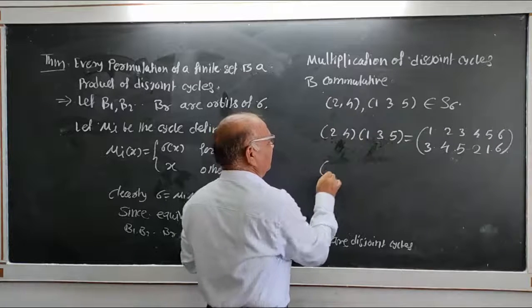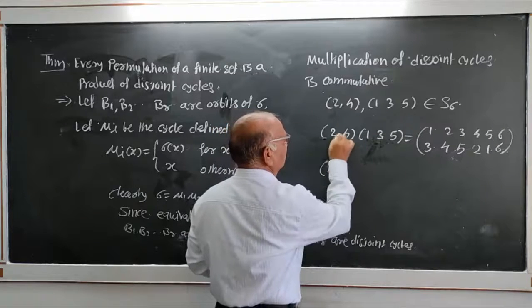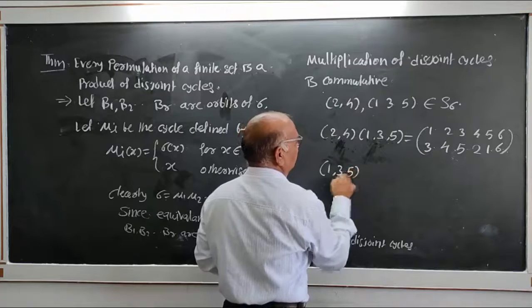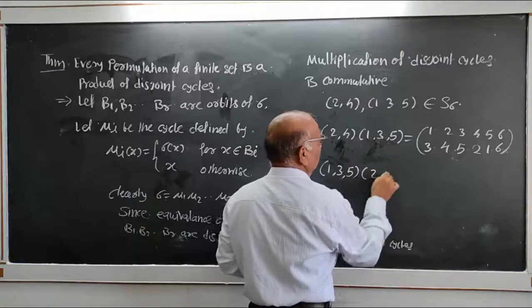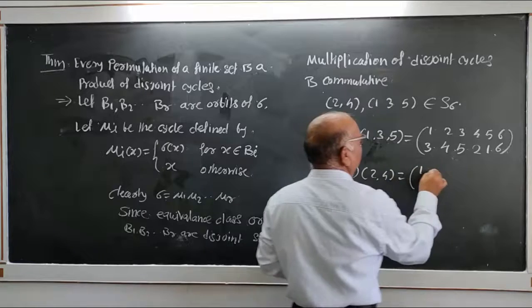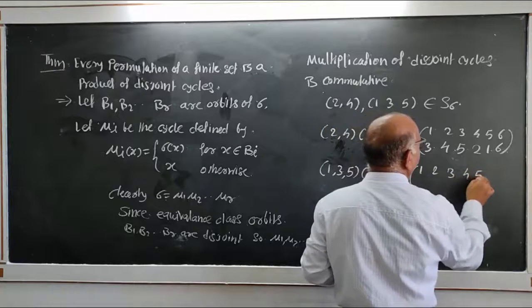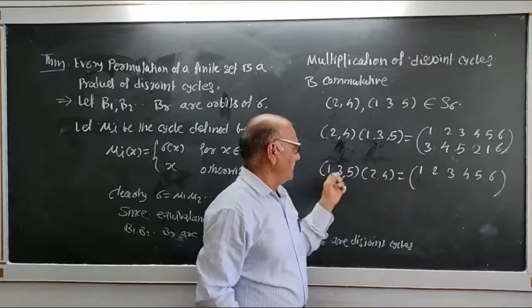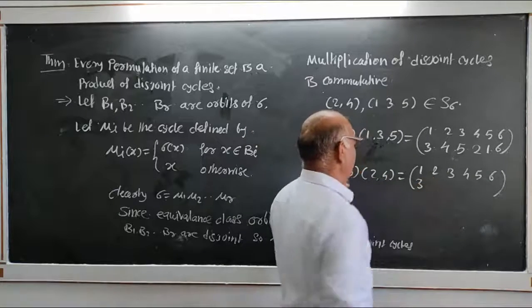And the other way, (1 3 5) then (2 4), again on 1, 2, 3, 4, 5, 6. Here 1 goes to 1, then 1 goes to 3.